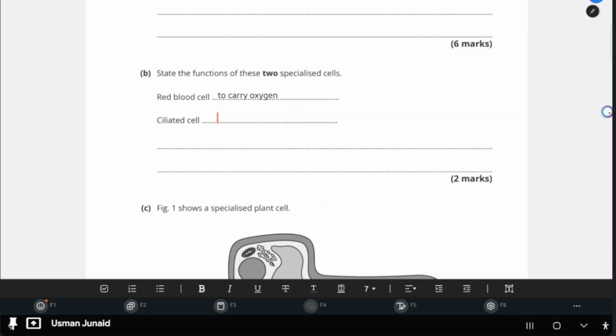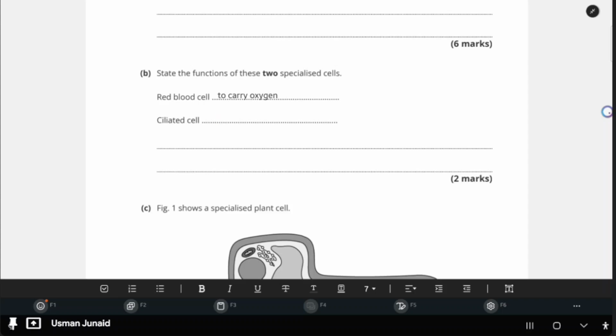So, what does the ciliated cell do? We learned this in our class. It helps to move around the body. It helps to move what?